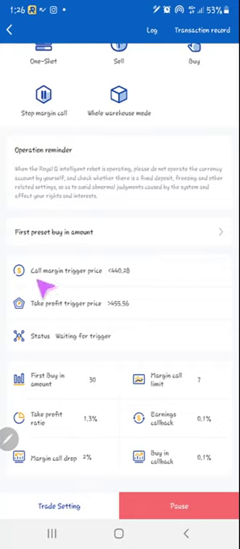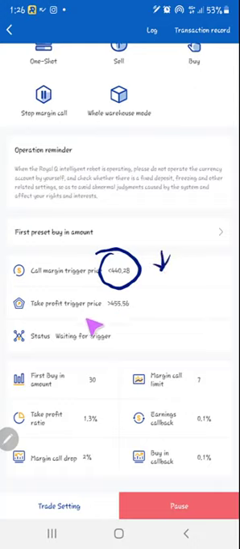It says call margin trigger price 440. What this means is if the value of Bitcoin Cash should crash to 440, then that is what will make the robot buy my first dip.